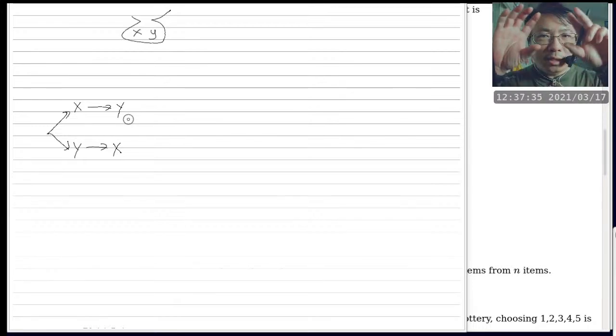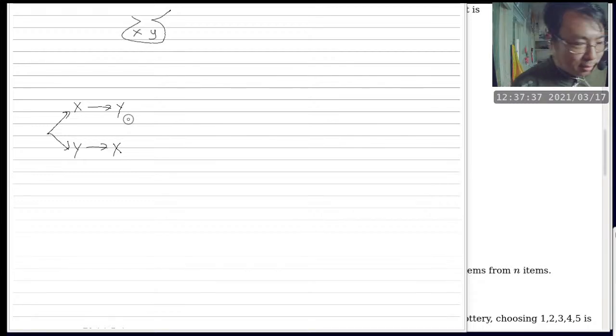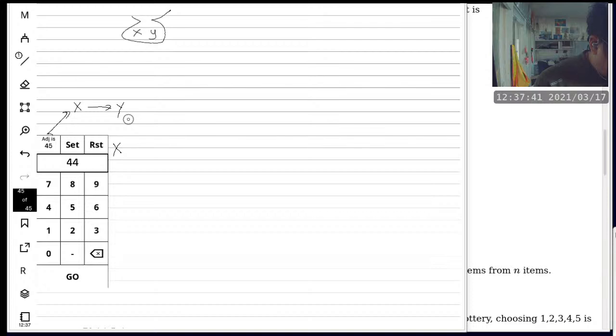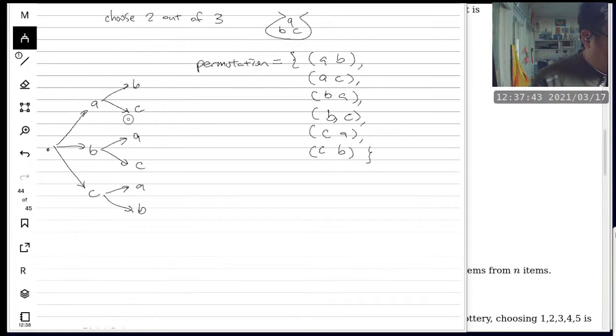So now we think of it in reverse order. Okay, we go back to the previous slide. Okay, 44. So now we say, we know AB has a companion of BA. So AB and BA, AC and CA, BC and CB.